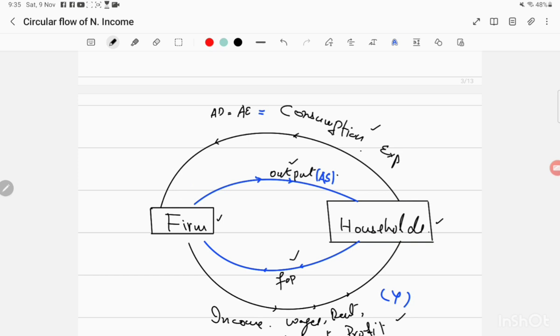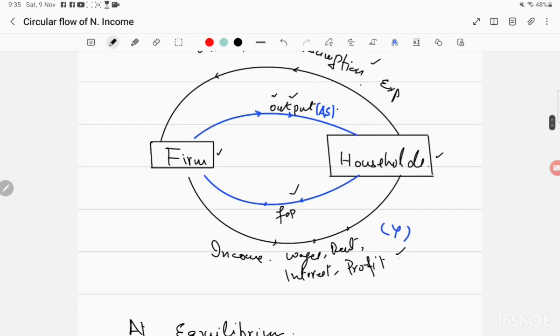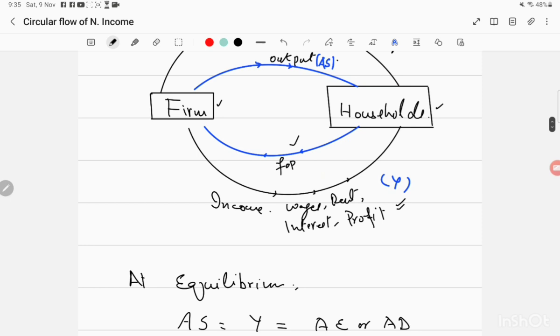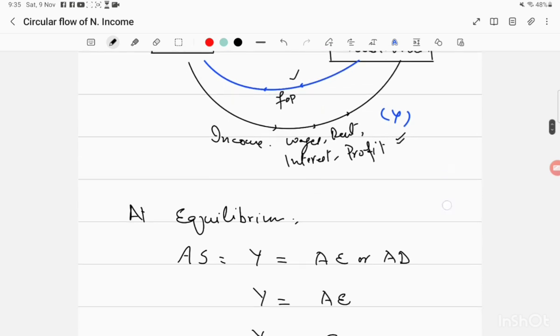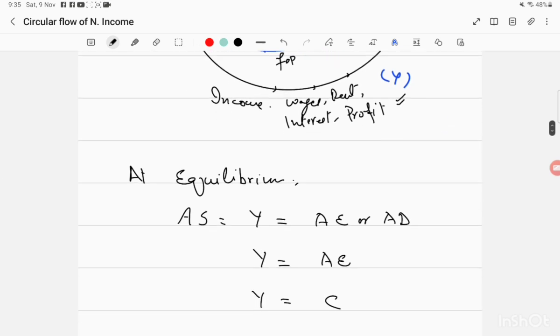So by three methods, either by using the aggregate expenditures or output or the income of the whole economy, we will reach to the same figure, that is the national income. So at equilibrium, we see aggregate supply is equal to national income. Keep it in mind, Y denotes the income. So aggregate supply equals to national income, and that's equal to aggregate expenditure or aggregate demand.